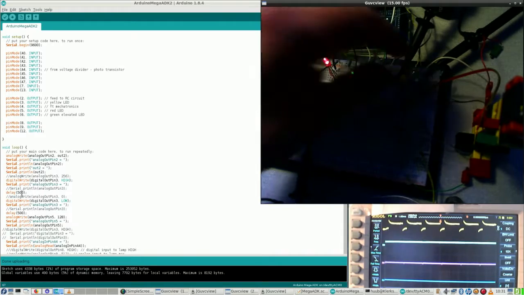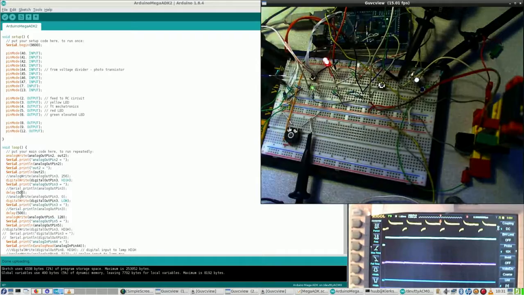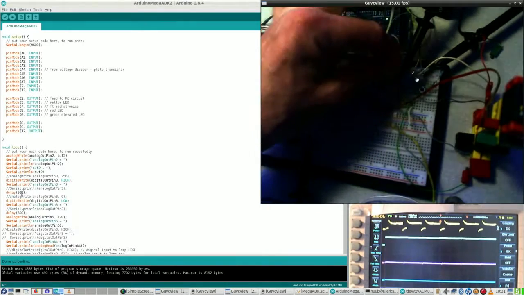So it's time to replace this LED, a large one, by a rather small one.